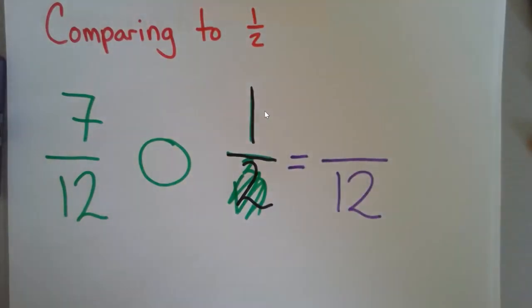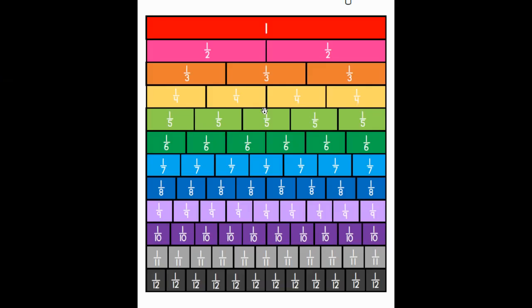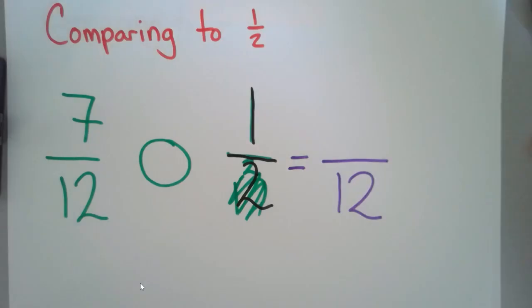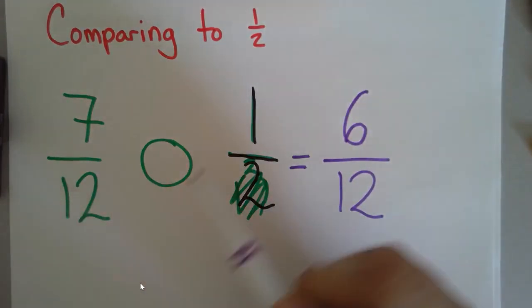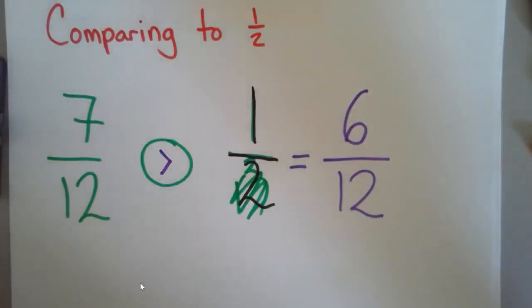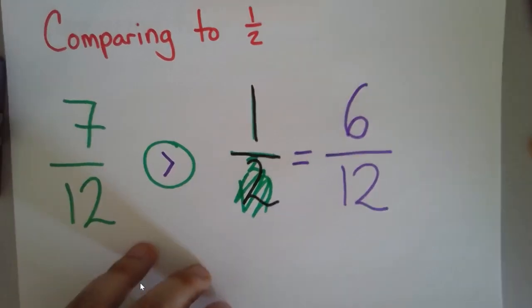I could consult my list that I made earlier, or I could just think about what's half of 12, or I could go right back to my chart here and look for this halfway line. Here we go, all the way down to 12, and that's 1, 2, 3, 4, 5, 6. 6/12. 7/12 I know is greater than 6/12. So 7/12 is greater than 1/2.